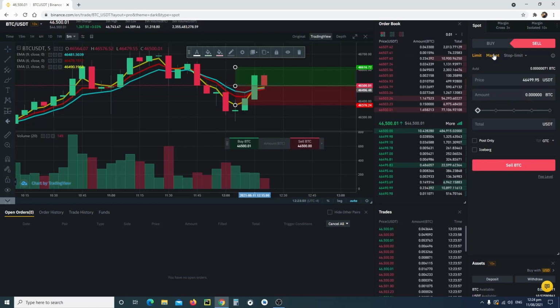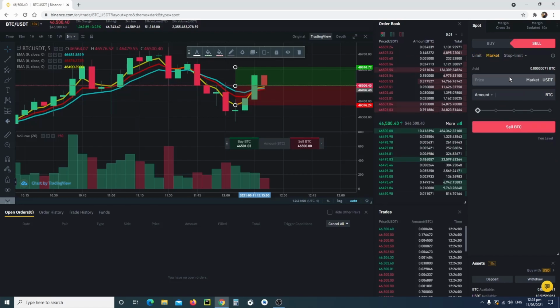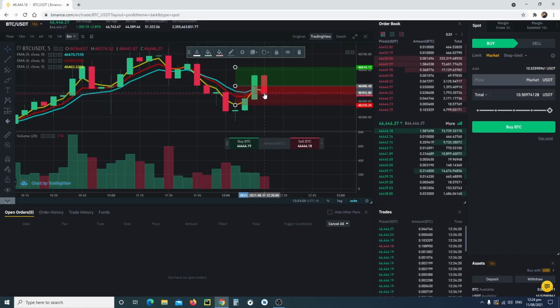If we choose market and decide to sell, we'll sell at the current value. However, I don't really have any BTC right now. Similarly, if I want to buy, I could click buy and I will be able to buy at the market value that is running right now.